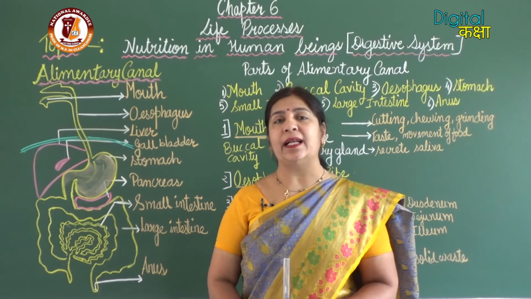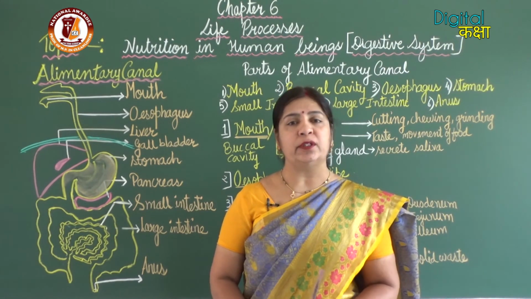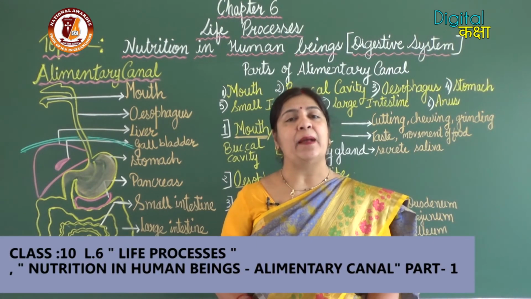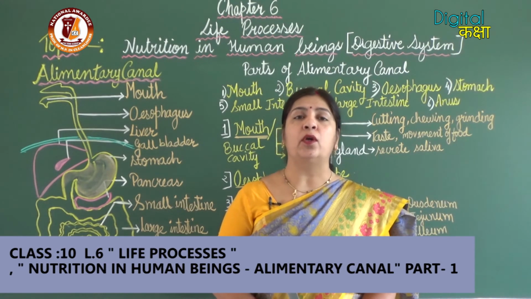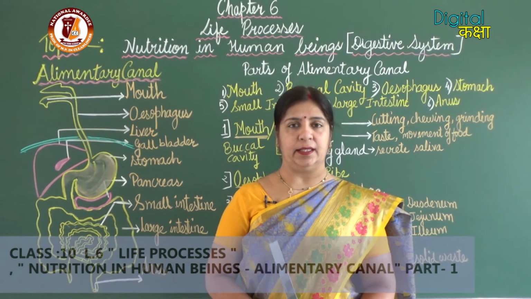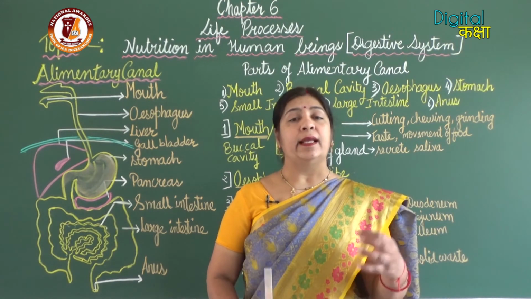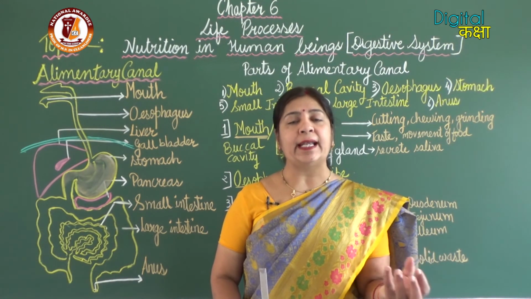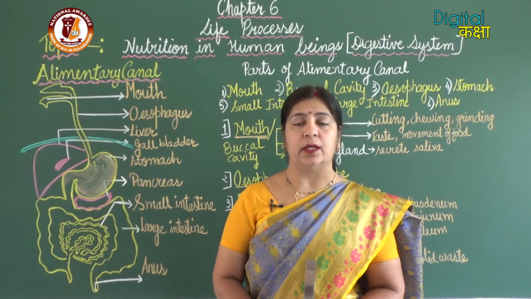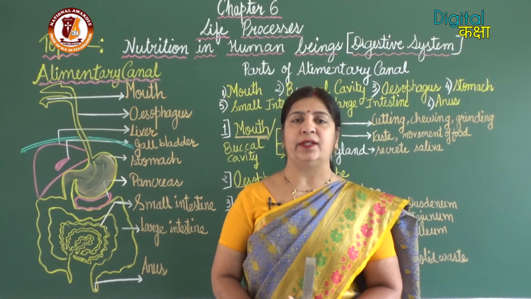Because hydrochloric acid is highly corrosive in nature, it would damage our internal organs. It would cause harm to our stomach and other body parts. So there is one protective substance known as mucus also present in the gastric juice.